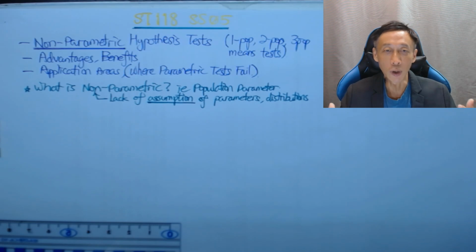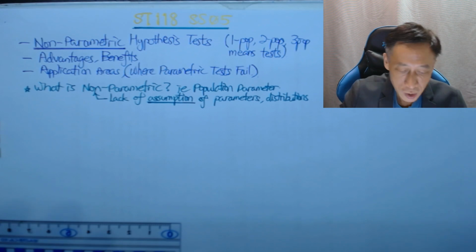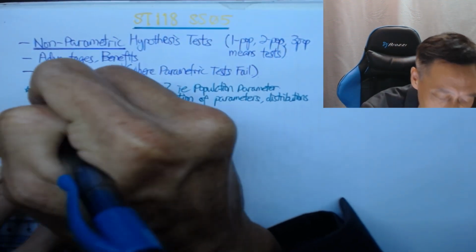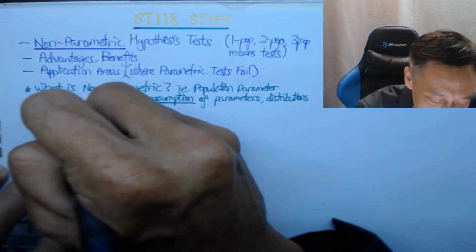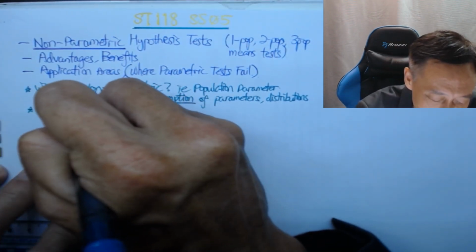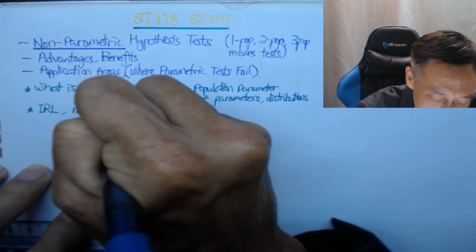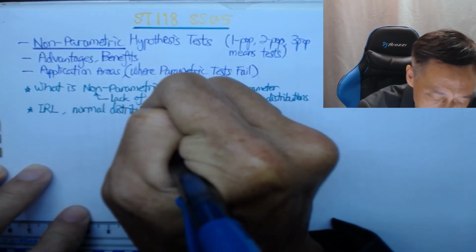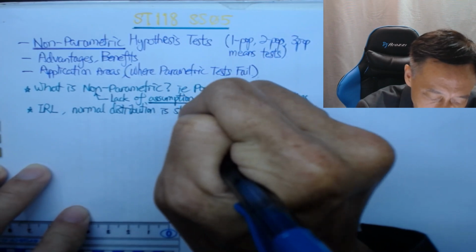So in real life, is there normality? The point is, in real life, IRL, not LOL, but IRL, a normal distribution is strictly not found.